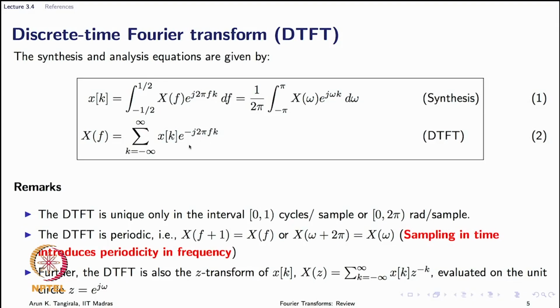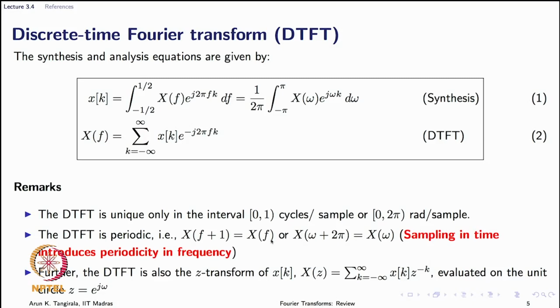And the discrete time Fourier transform equation is the same whether you evaluate it in terms of the cyclic frequency or the angular frequency. But there are a few interesting remarks that I would like to make here. First of all, the discrete time Fourier transform, as we had mentioned earlier, is unique only in the interval 0 to 1 in terms of cyclic frequency, or minus 0.5 to 0.5, or in terms of angular frequency 0 to 2 pi.